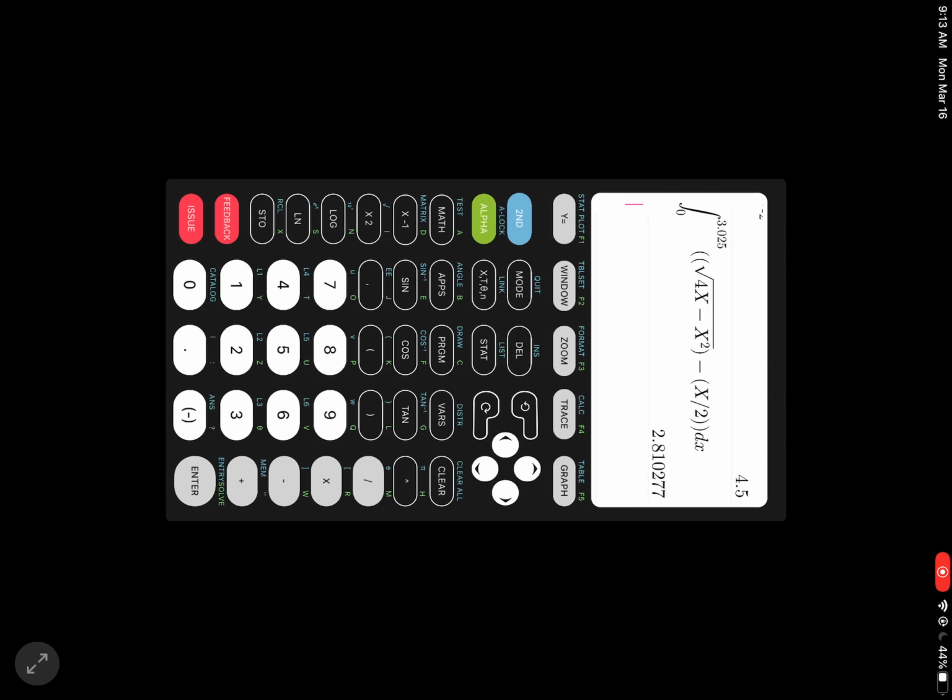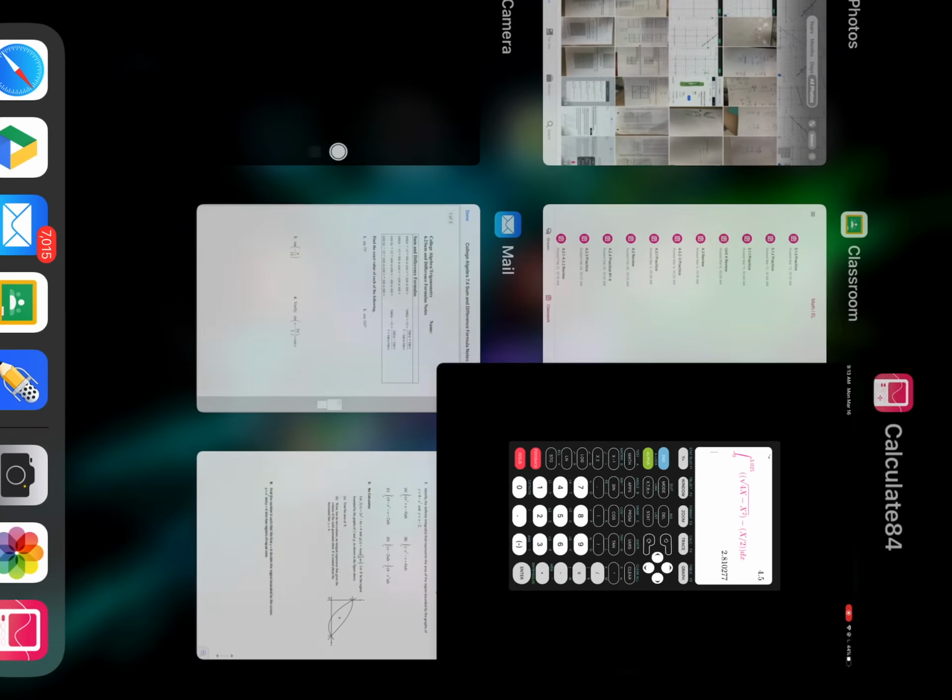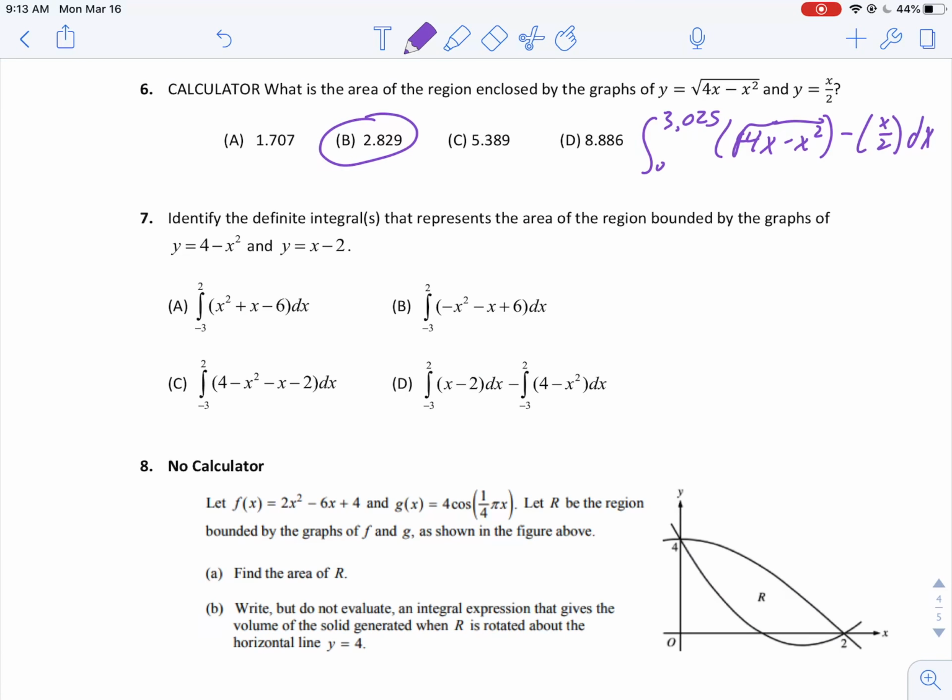Did I put it correctly in the calculator? Might have a little parenthesis error here. Oh, it's not letting me go back. So I'm going to recheck this one with a regular graphing calculator later. I think there might be an issue with the parentheses. All right, let's keep moving.